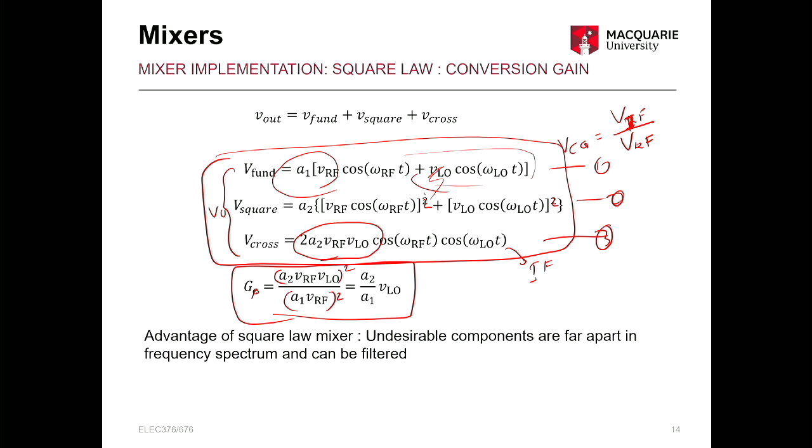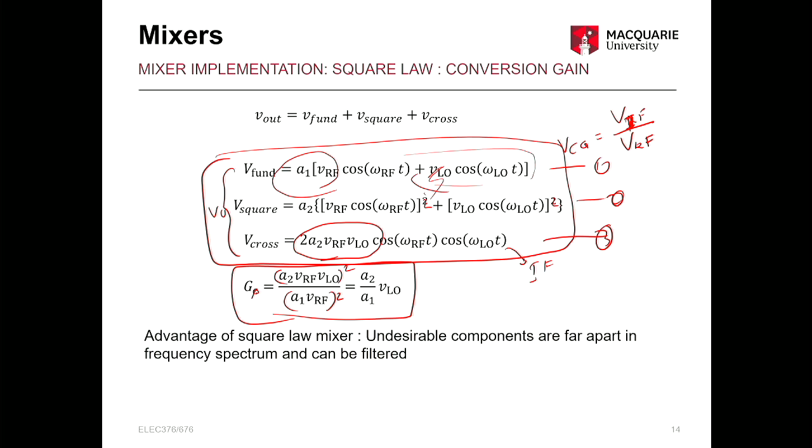So one of the advantages of a square law mixer is the undesirable parts are quite far apart in frequency, so it's easy to filter them out. And you will notice that there are no higher harmonic terms there. You found that IM3 was the most difficult to remove because that comes close to the IF, right? And it's really hard to remove them using any low pass or high pass filter.